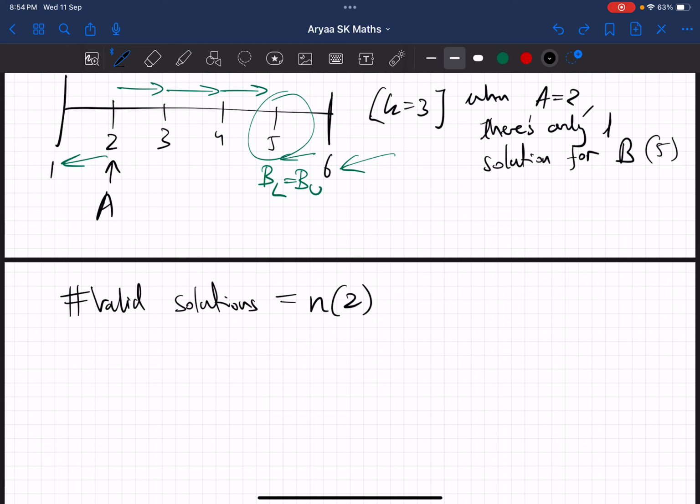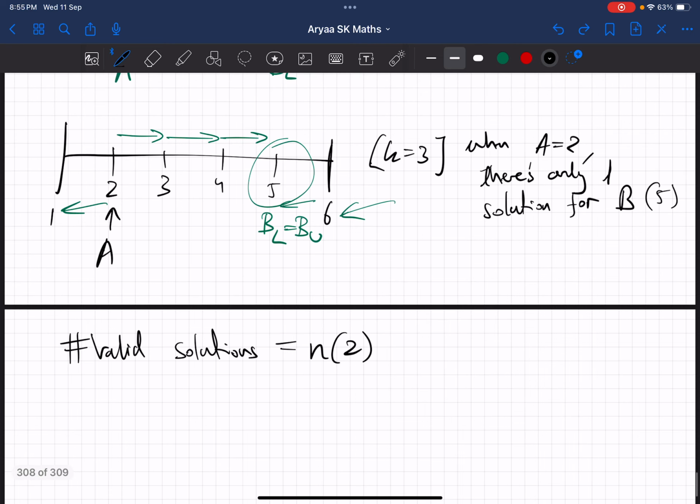So how can we identify these cases? When does this happen? Well, okay, let's try and think about this. If we set A as 3, 1, 2, 3. 1, 2, 3.